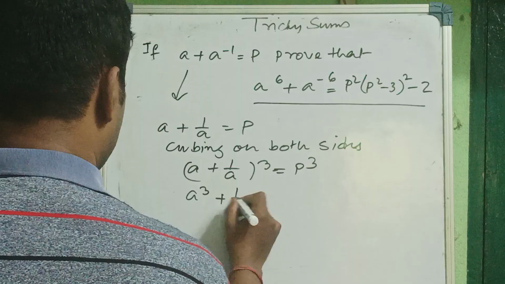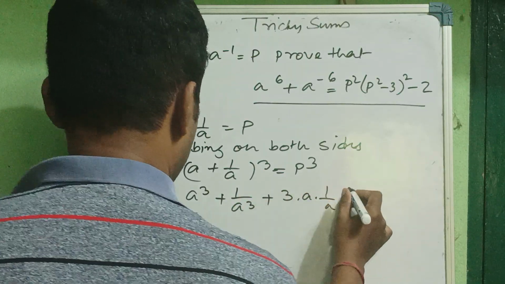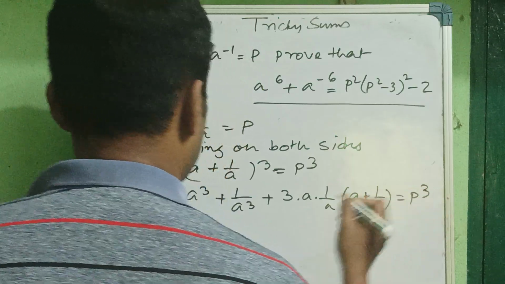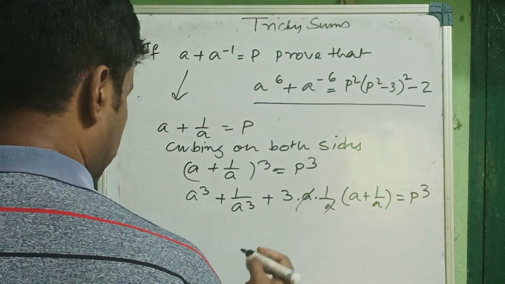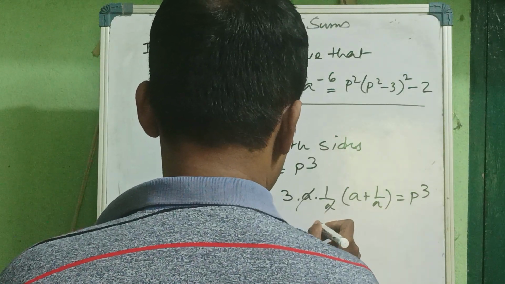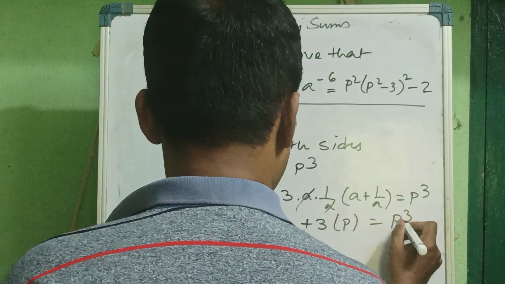a cube plus 1 by a cube plus 3a into 1 by a into a plus 1 by a equals p cube. So a cancels, and a plus 1 by a stands for the value p again, so p cube.